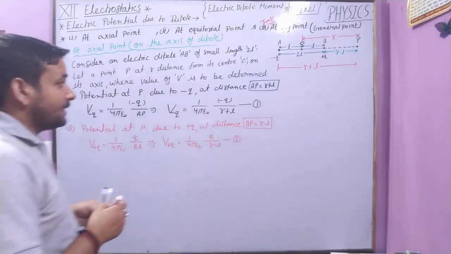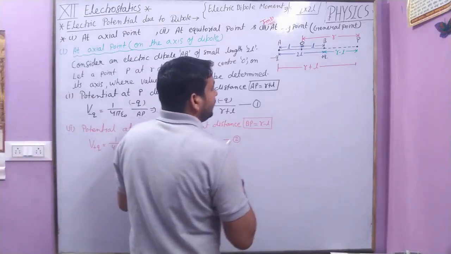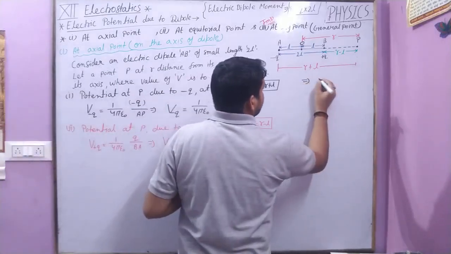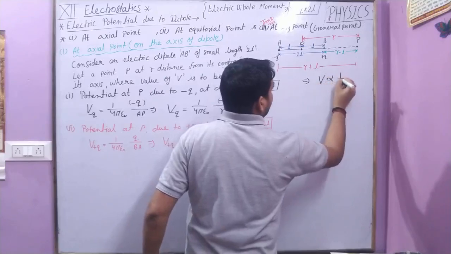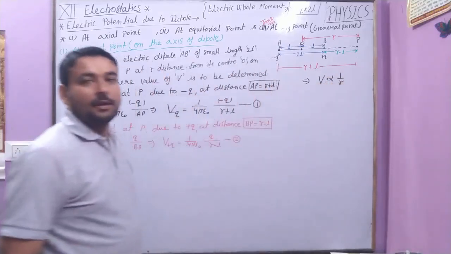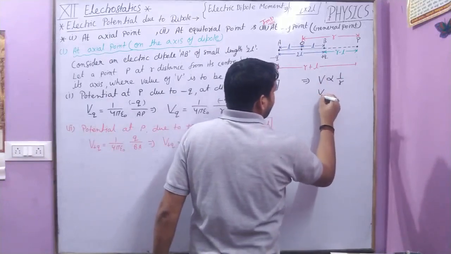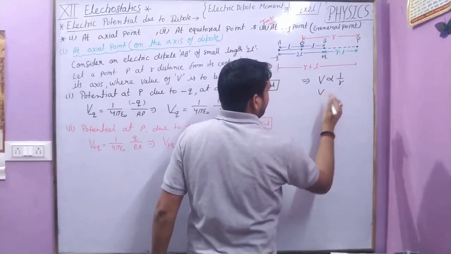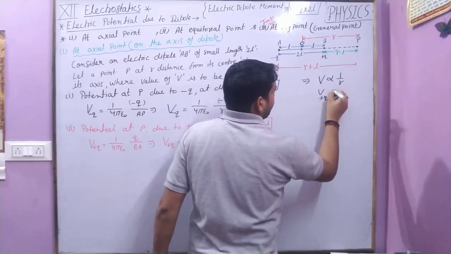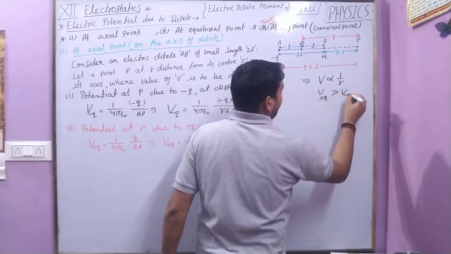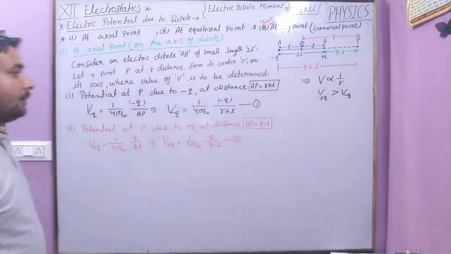As we determine, the value of electric potential V is proportional to 1 upon R. Clear? Therefore, V plus Q is greater than V minus Q. Clear?